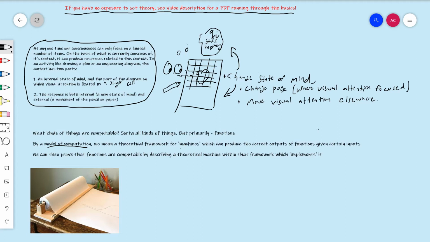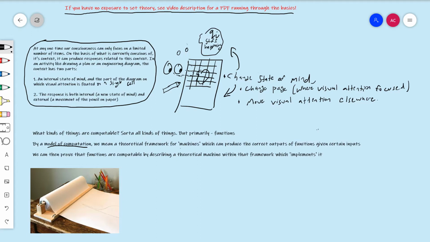But the informal model of our thinking is that basically at any one discrete moment in time, we are focusing on a particular point in the page, maybe right here, and we have a state of mind. There's something going on in our head. We have our pencil right here, and so there are two fundamental defining features of the current situation.